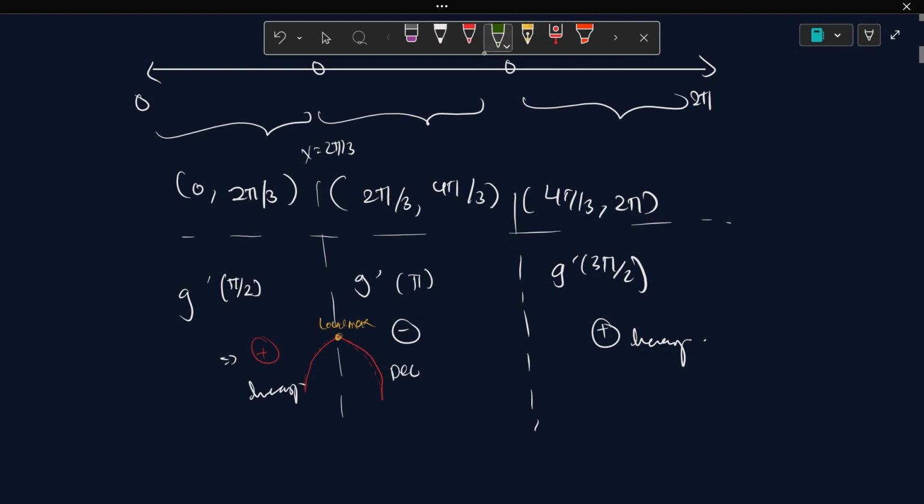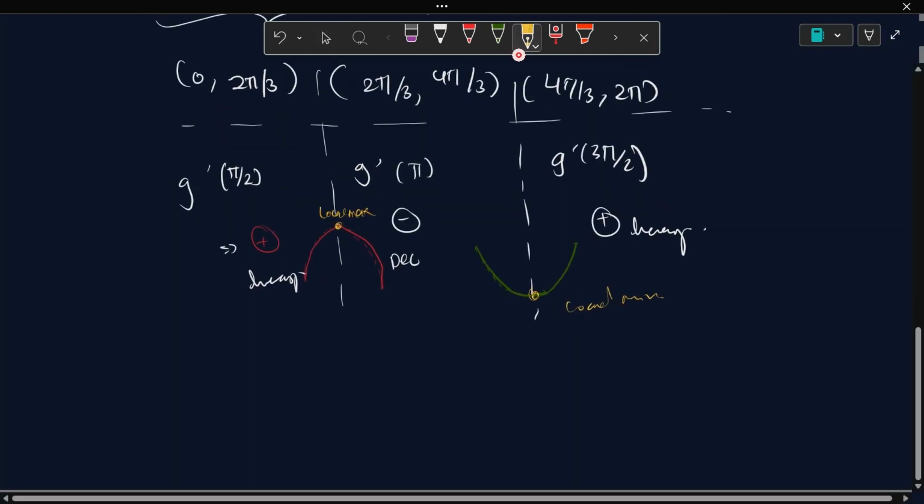Since before it was decreasing and after that it increases, I go from decreasing to increasing, so I'm going to have a local min over here.